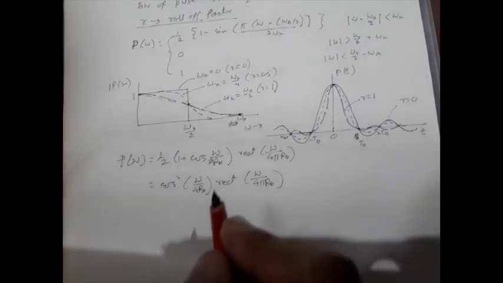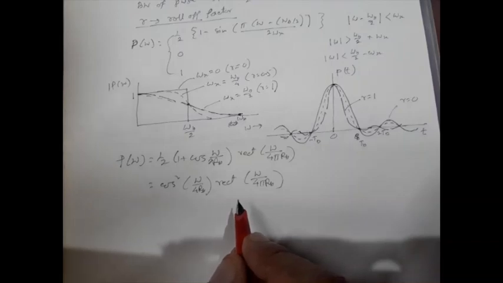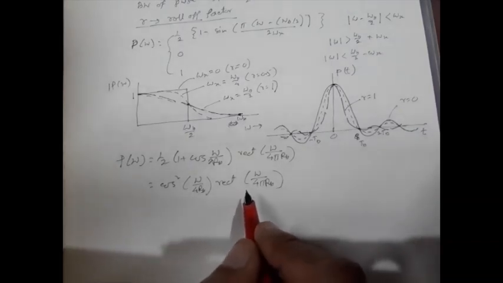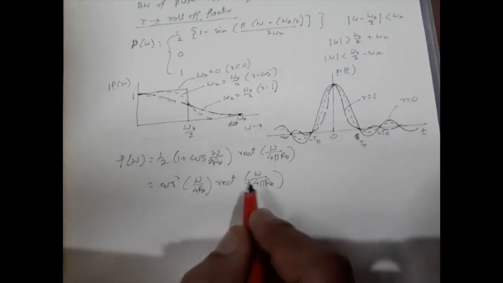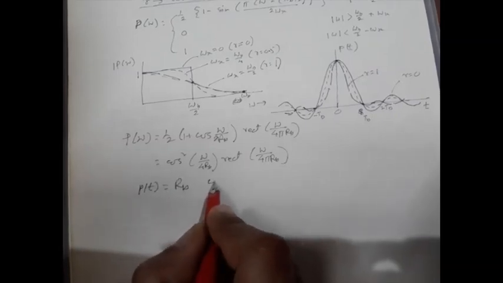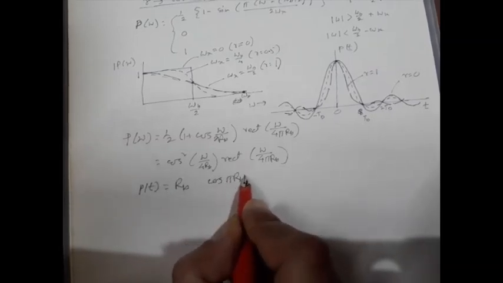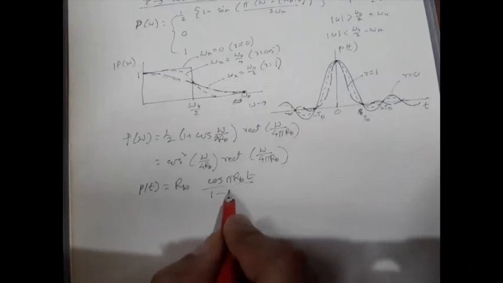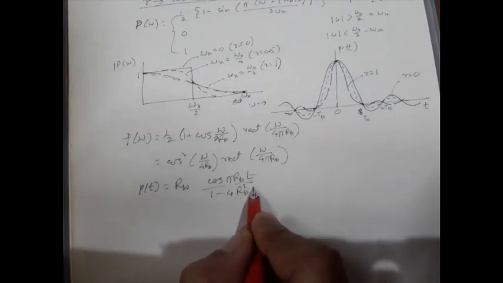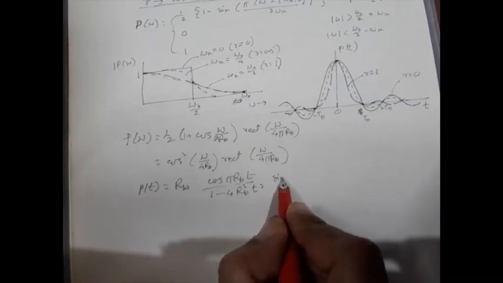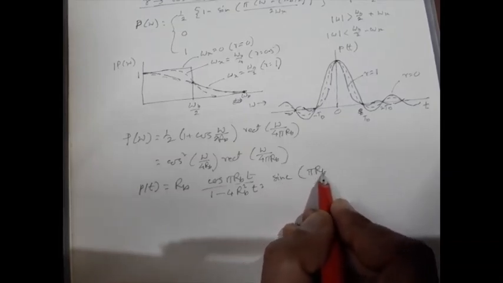This characteristic is called the raised cosine characteristic, because it represents a cosine raised by its peak amplitude. It is also called the full cosine roll-off characteristic. Now the corresponding Pt can be written as Rb cos pi Rb t by 1 minus 4 Rb squared t squared, times sinc pi Rb t.